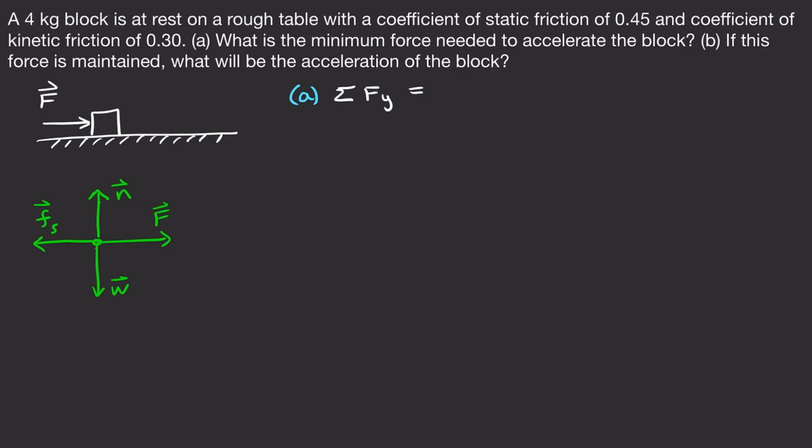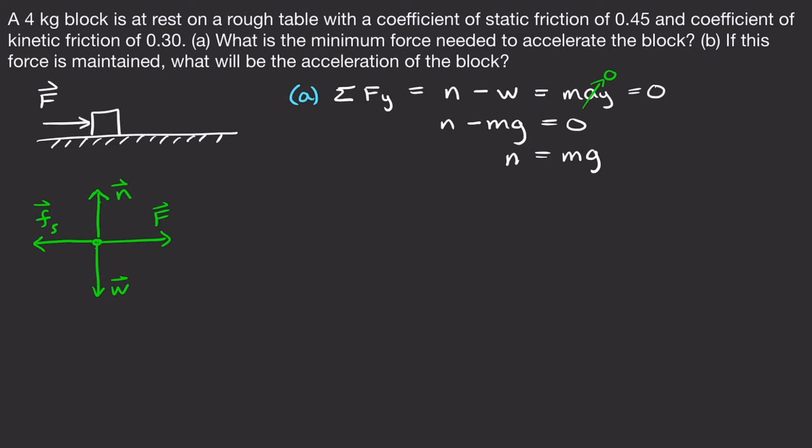So if I sum up the forces in y, I get the positive normal force minus the weight of the block, and that's equal to ma but the block isn't accelerating through the floor or up off of the floor, so this acceleration is 0. And I'm going to plug in mg for the weight, use my formula for weight, and I get that the normal force is just mass times gravitational acceleration.